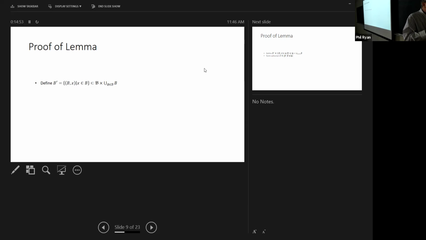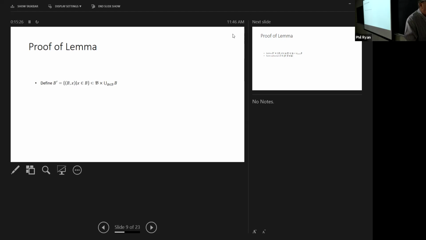Firstly, B prime is non-empty, because B is non-empty, so there does have to exist some x in B. Now, I claim that if B1 doesn't equal B2, then B1 prime and B2 prime are disjoint.